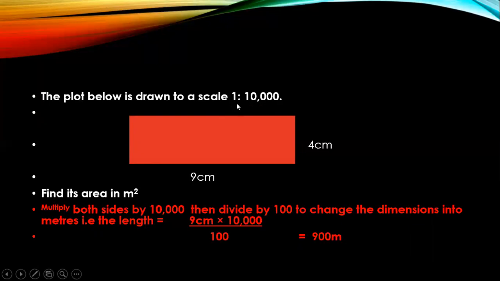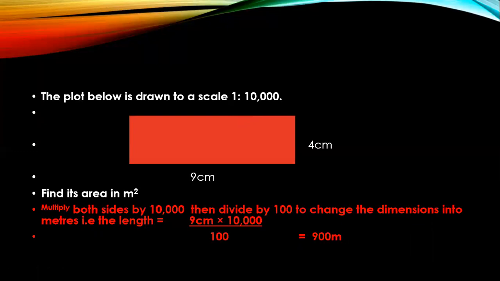As a statement, it means that 1 centimeter on the map represents 10,000 centimeters on the ground. That is the meaning of that scale.